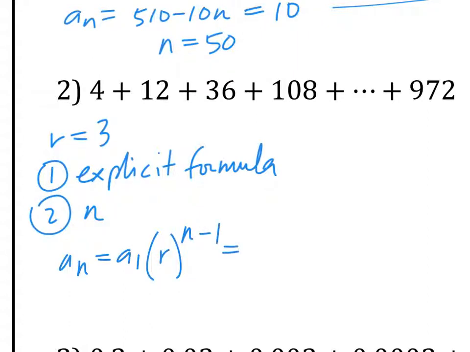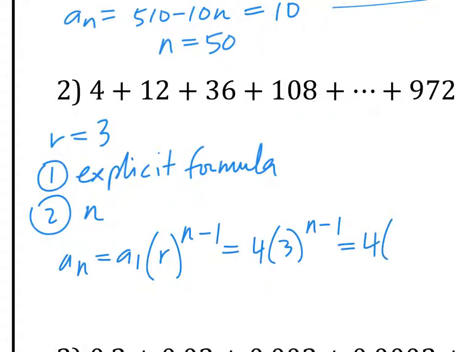So let me talk about this formula a little bit. First number is 4, r is 3, to the n minus 1. If you leave it like that, it's okay. But sometimes if you get into a situation where you have multiple choice, you may not see that answer. And I want you to see what people will actually do to simplify that, so that if you do see an answer that doesn't look like that, you know you're picking the right one.